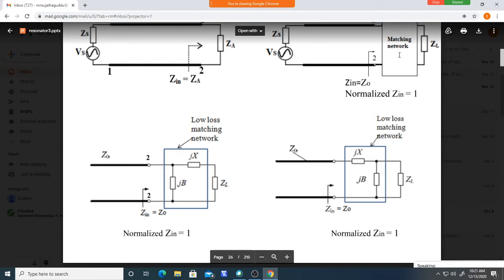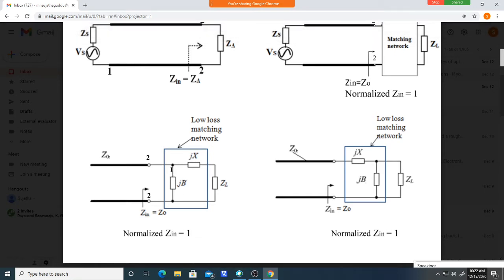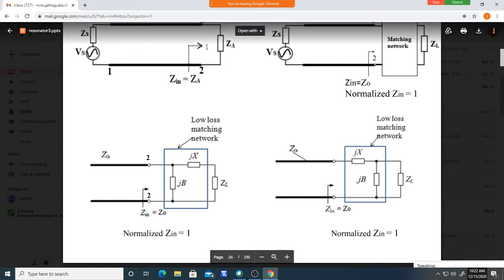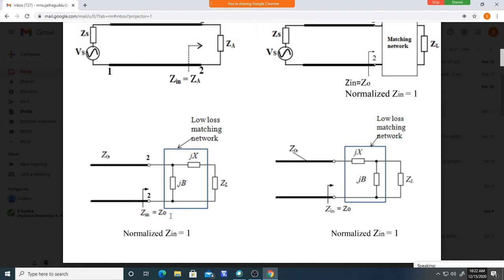Usually reactive elements dissipate very little power, that's why we have to use reactive elements in the matching network. By connecting one element like this and another element like this, we can change the impedance looking in this direction to 50 ohm. That is our requirement.